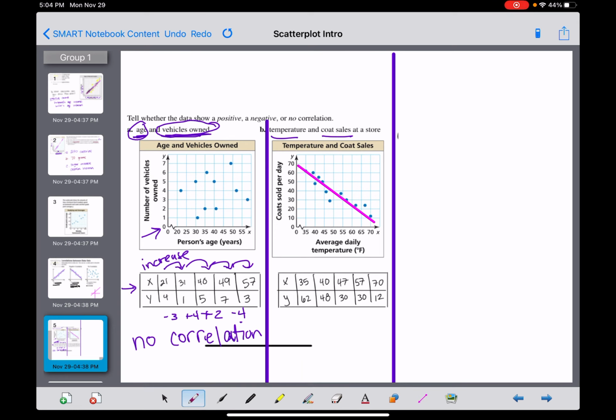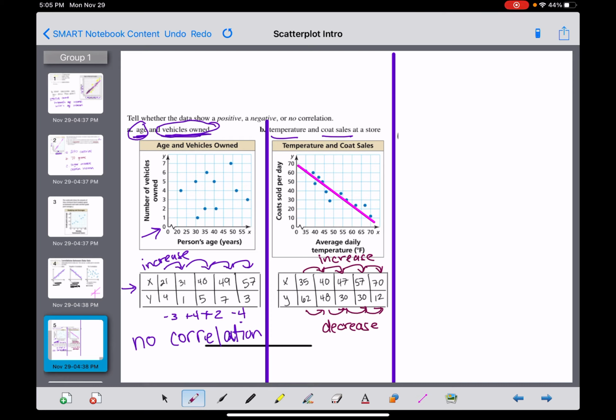If I look at this as a table, my X values are increasing. Unlike a line, it doesn't have to be a constant rate of change. We're just looking for patterns. My Y values are decreasing. So they're trending in opposite directions.